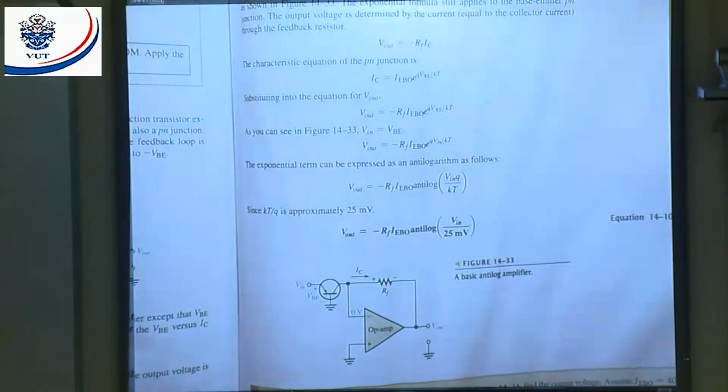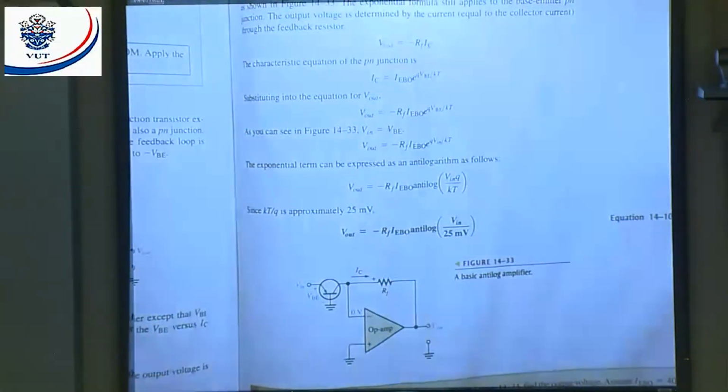All right. Now we can substitute that into for V out. Then you can say V out is equal to minus RF IEBO e to the power Q times VBE divided by KT. Now they say, as you can see, V in is equal to VBE. All right? And then we can say V out is equal to minus RF IEBO e to the power Q times V in divided by KT. The exponential term can be expressed as an anti-logarithm as follows.